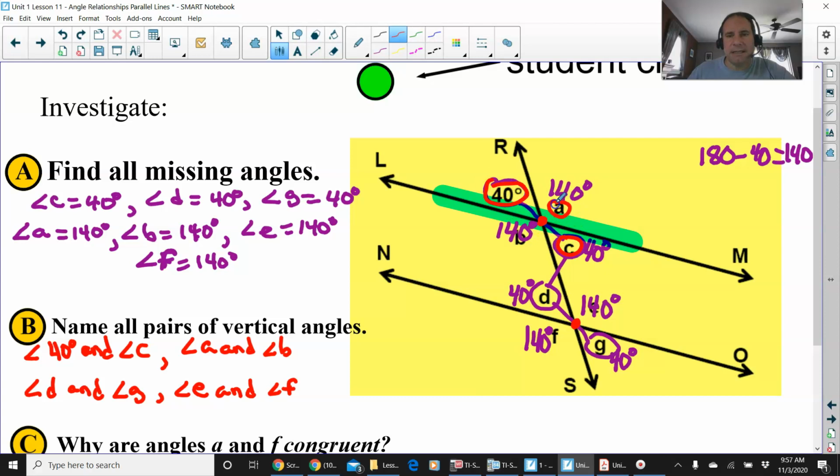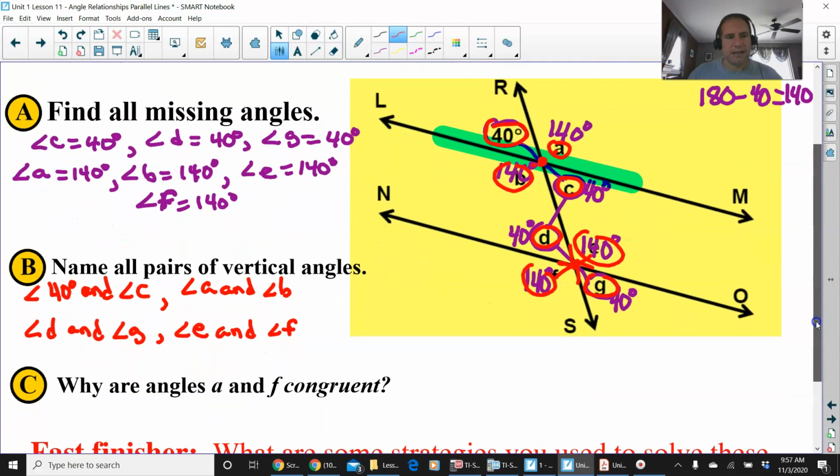A and B, vertical angles. D and G meet at a vertex right here and right here. And then E and F meet at that vertex. So all of those are called vertical angles.